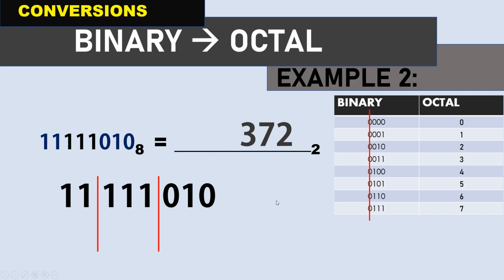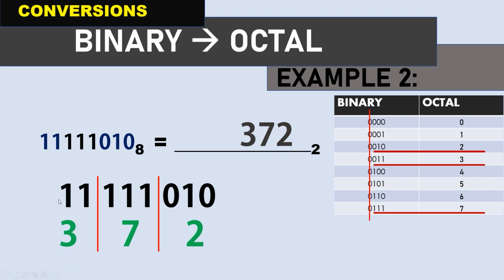So we have 010, which is 2, and 111 is 7, and the last one is 11, which is equal to 011. We just disregard the 0 here, so that is 3. Now we have 372. That's the answer for binary to octal.